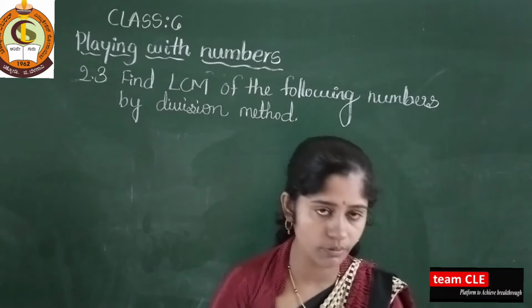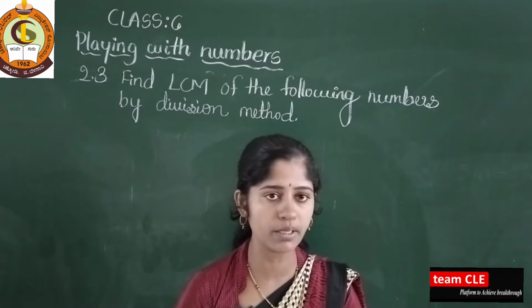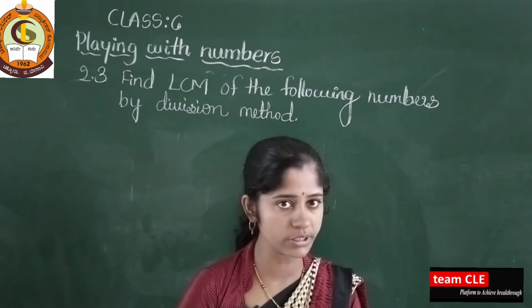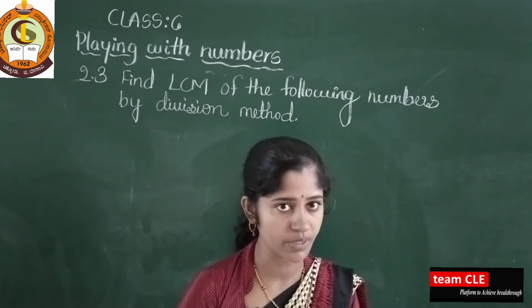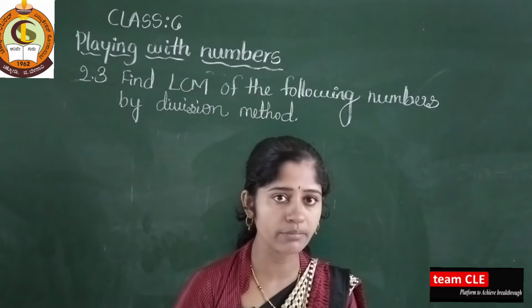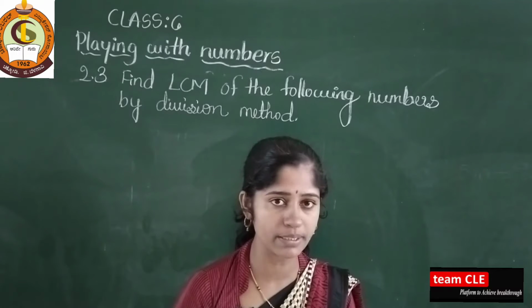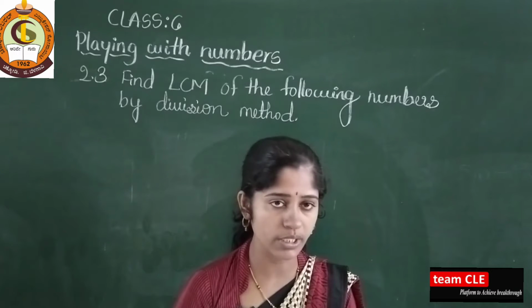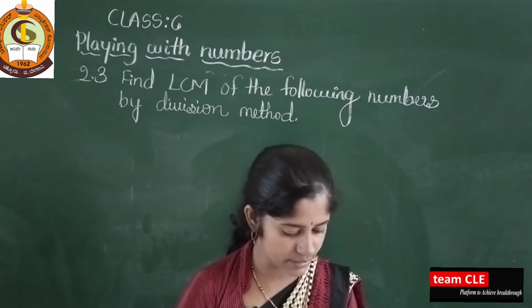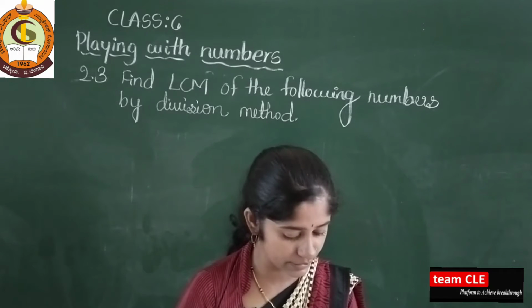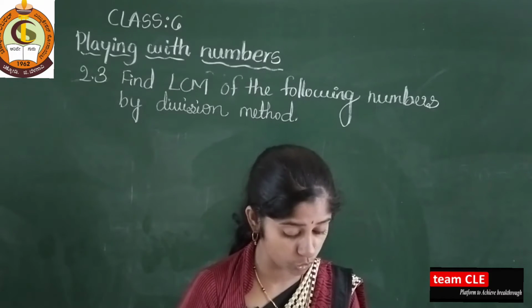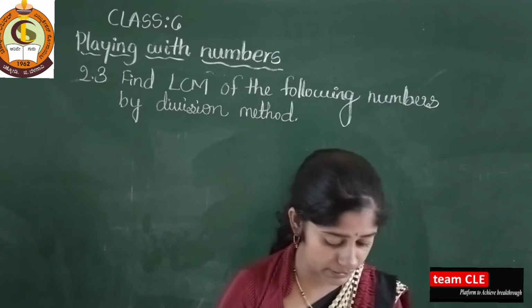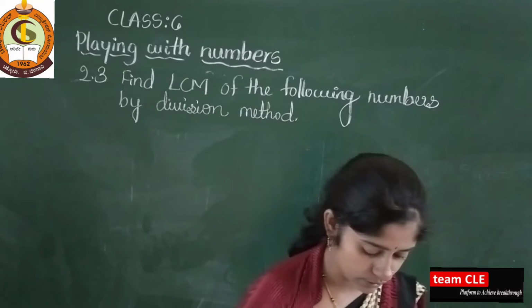So when you are finding the LCM, you know how to find it for two numbers. But we can find the LCM of more than two numbers too. In your exercise they have given three numbers and four numbers. So let us find the LCM of four numbers.